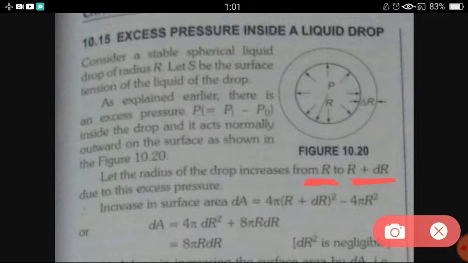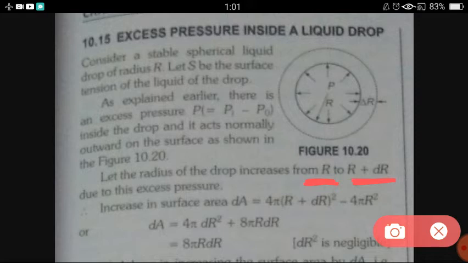So what will be the increase in surface area? The equation for surface area is 4 pi r square. Initially, when the radius was r, the initial surface area was 4 pi r square.